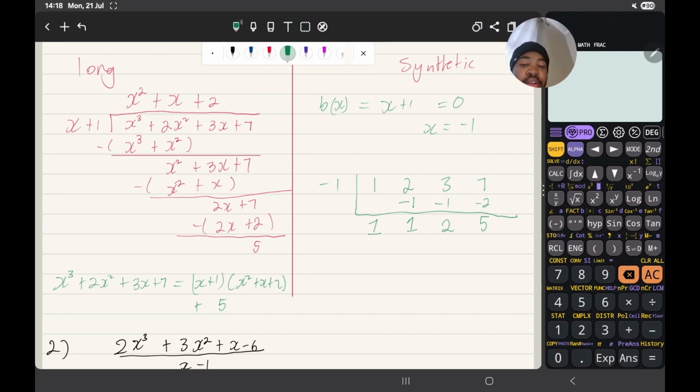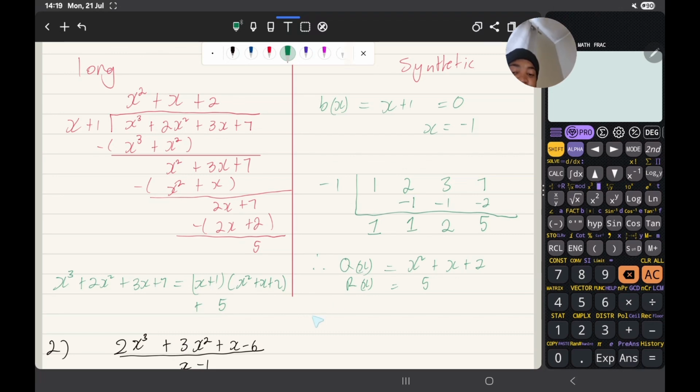So then you say that therefore your quotient is 1x squared plus x plus 2, and the remainder is 5.